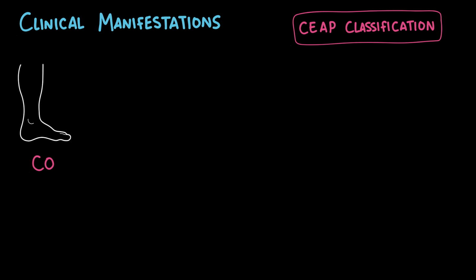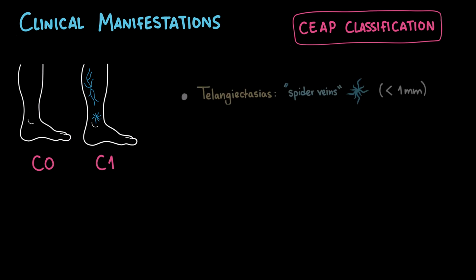Now, as venous pressure starts to build a little more, we move into the C1 stage. At this stage, small superficial veins start to appear on the skin's surface. You might notice telangiectasias, also known as spider veins, those fine red or blue thread-like veins less than 1 millimeter in diameter.